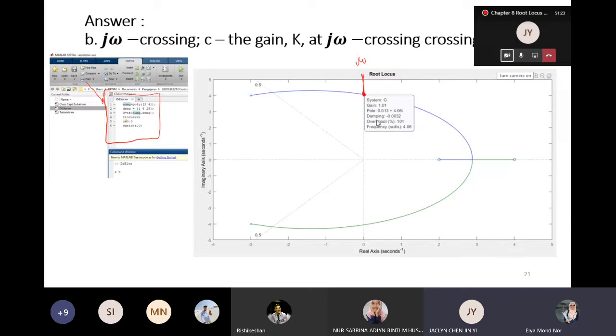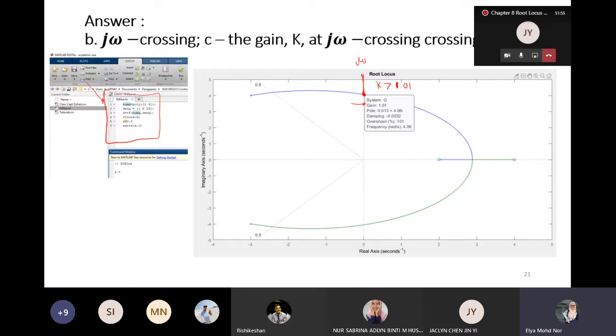Using MATLAB, we can find that the gain K is 1.01. So as the gain goes above 1.01, what happens?